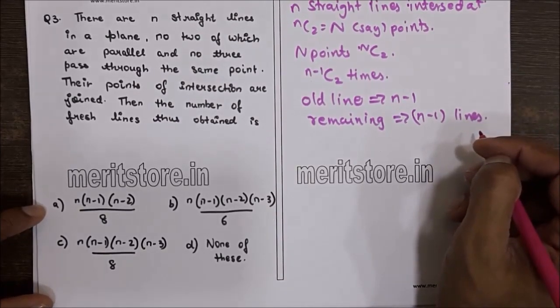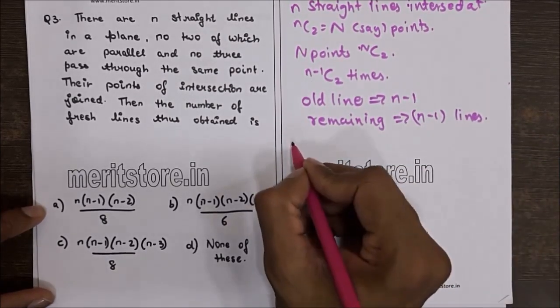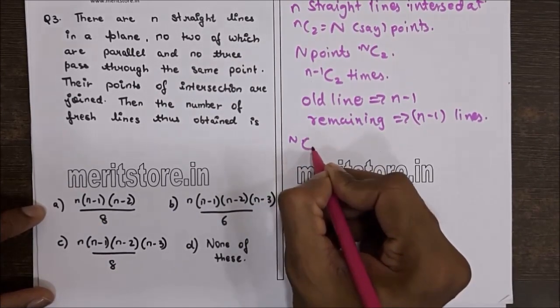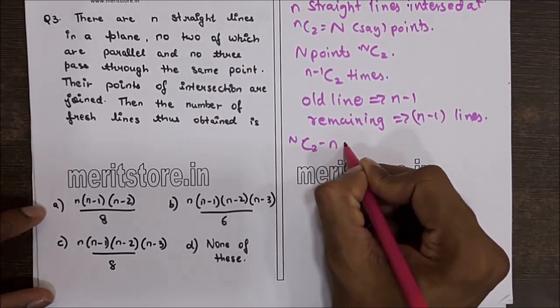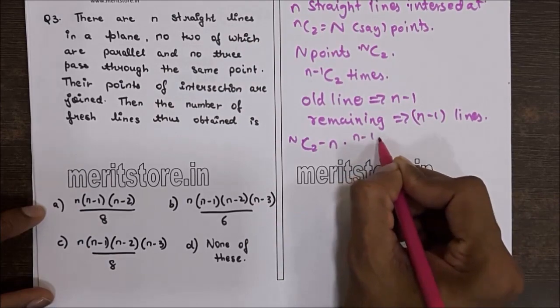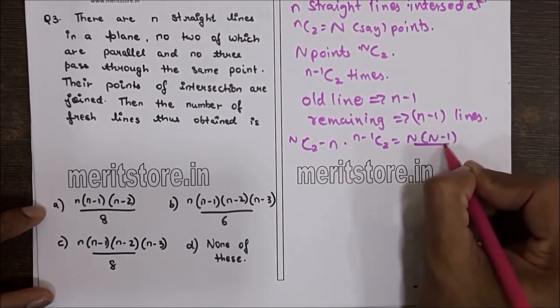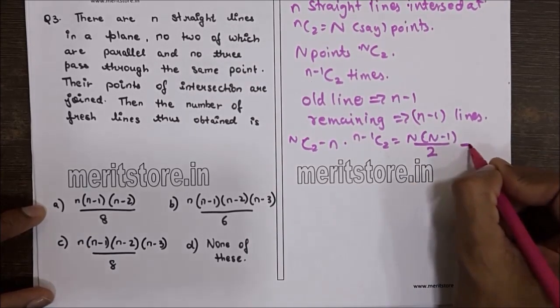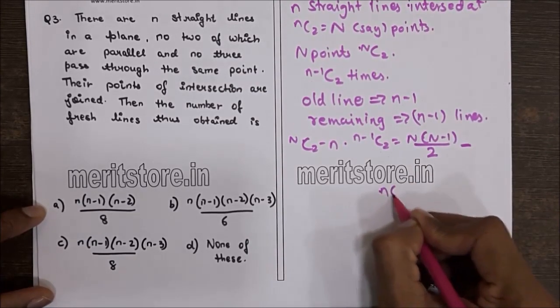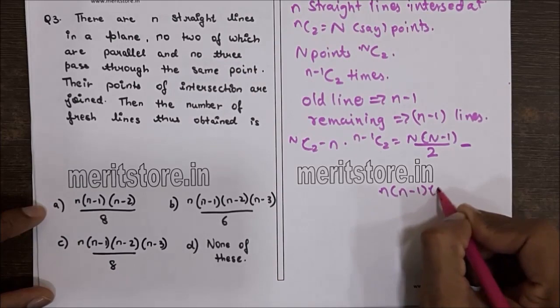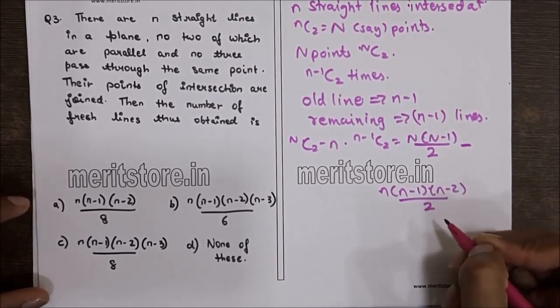So hence the required number of fresh lines is (nC2)C2 minus n into (n minus 1)C2, equal to n(n minus 1)/2 minus (n minus 1)(n minus 2)/2.